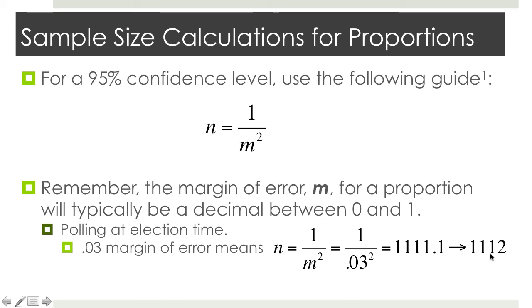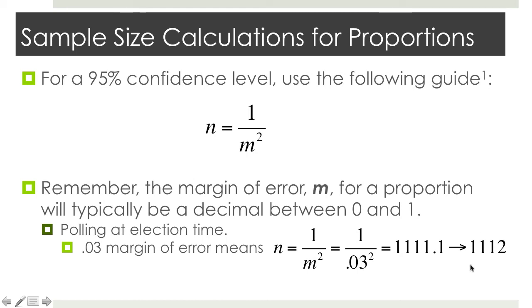1,112 people. So if you look carefully at the information that's given to you on these news stations when they report polls, you'll sometimes see a sample size given to you, and if you see a 0.03 margin of error, then you will often see something very close to a sample size of about 1,000 people.